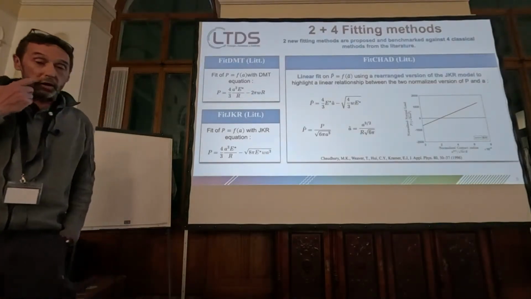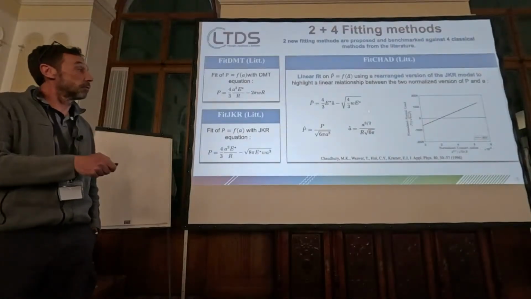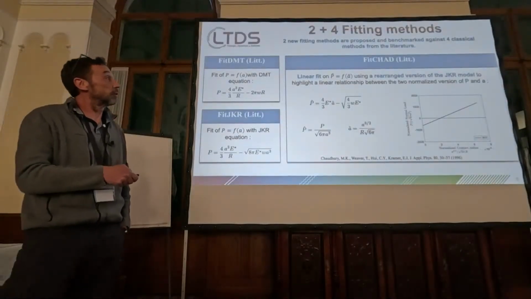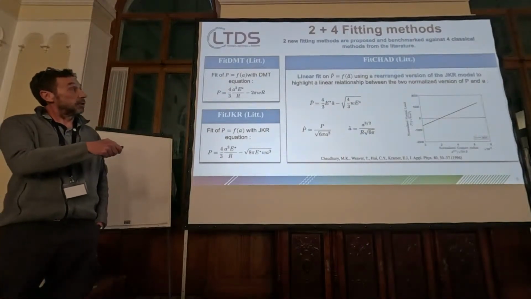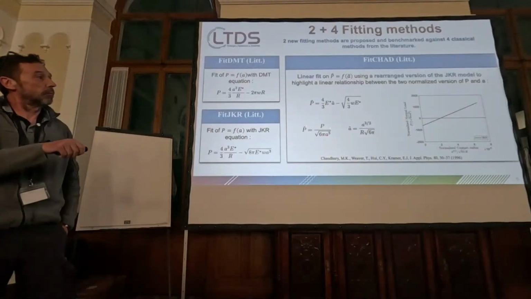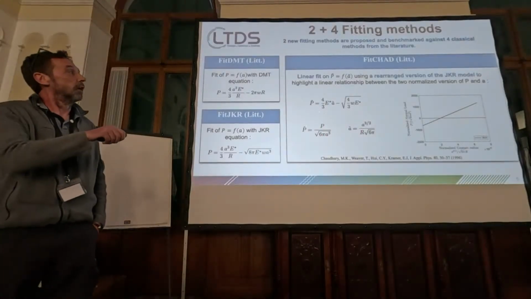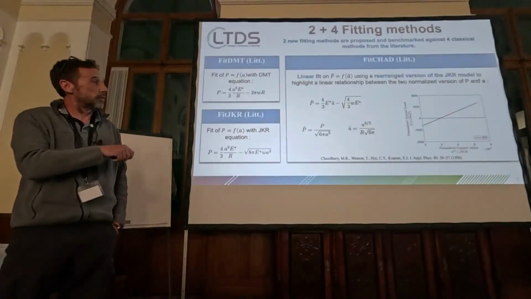We use a method that is, for experimentalists, very used in the literature, which is the one proposed in this paper by Chaudhury. In fact, it just rearranges the JKR equation in a certain manner using those normalizations of the normal force and of the contact radius, allowing to have a nice linear version of the JKR equation.